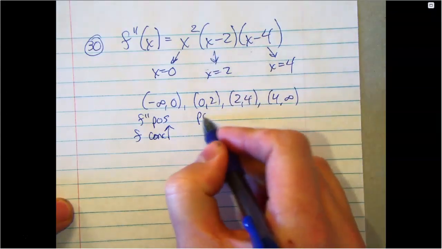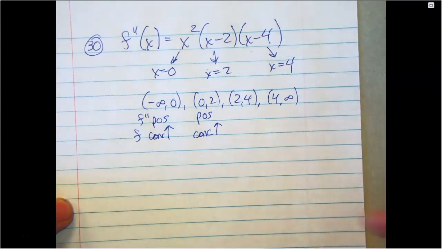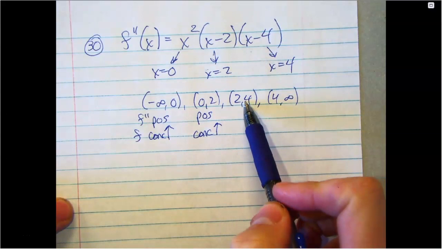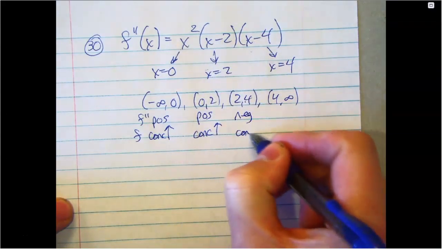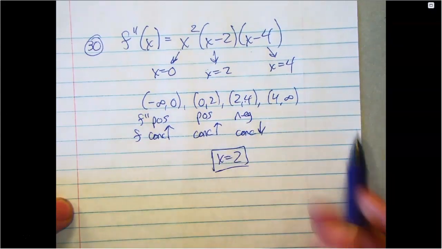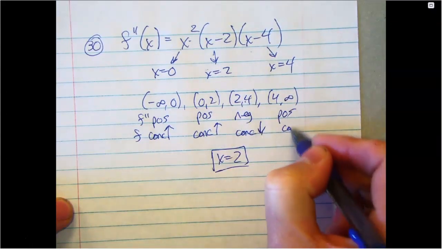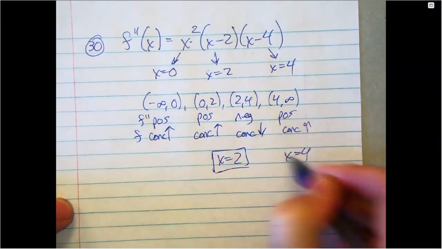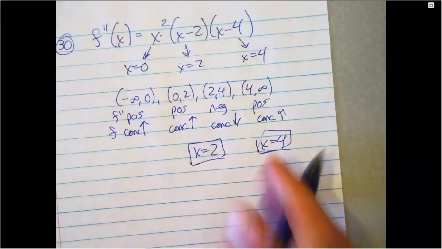So this is still concave up, so 0 is not a point of inflection. If I plug in 3, I get positive, positive, negative. Now is 2 a point of inflection? It is, we change. And then at 5, I get positive, positive, positive. So 2 and 4 are points of inflection, but you've got to know that 0 is not, and you only know that by checking.